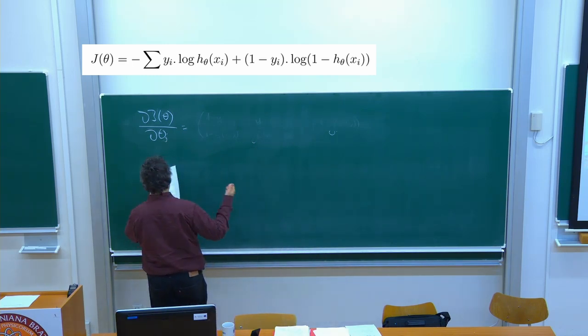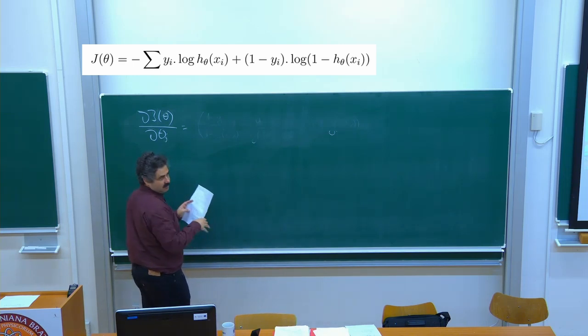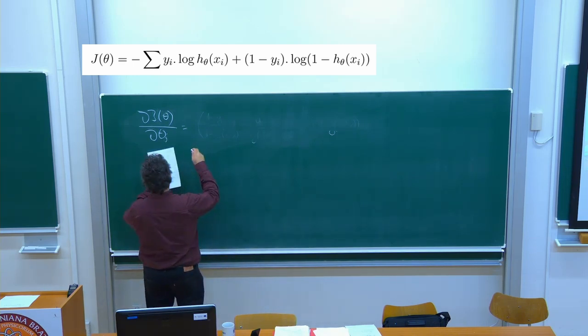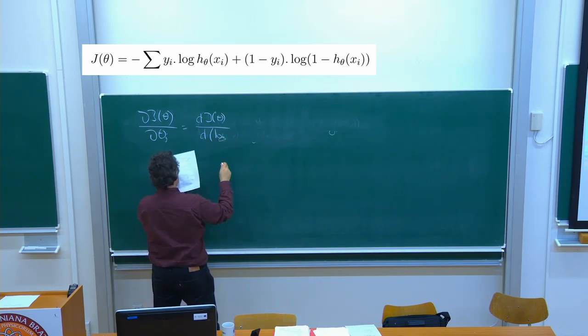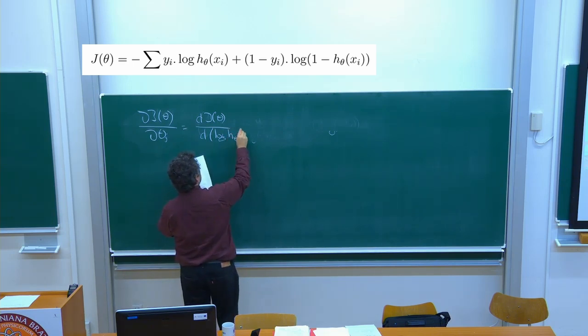The chain rule will be the hero of the day today, all the time. So we have this J(theta), and first we take the derivative with respect to this thing.